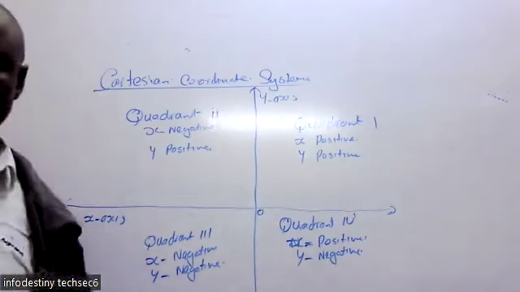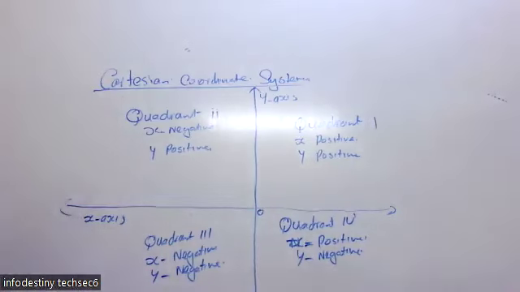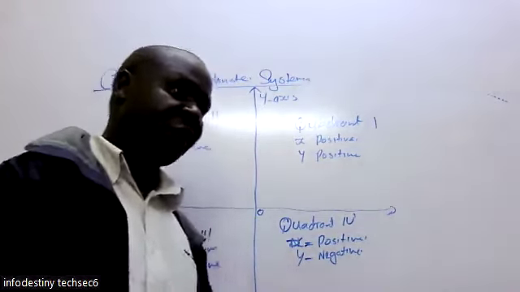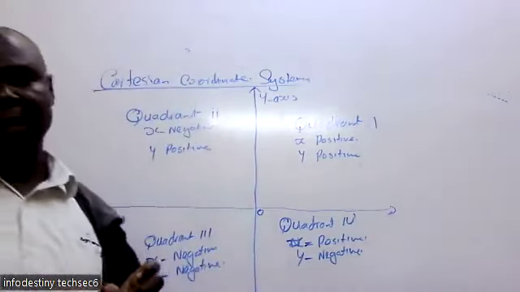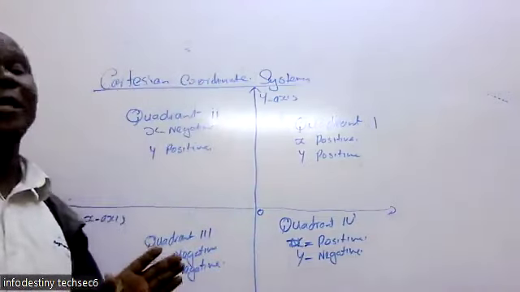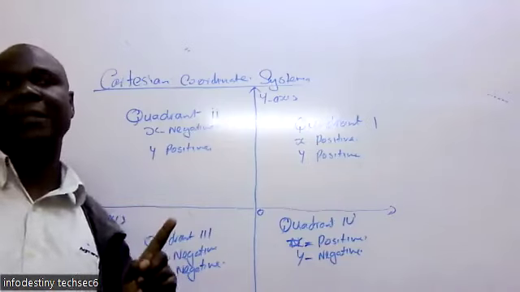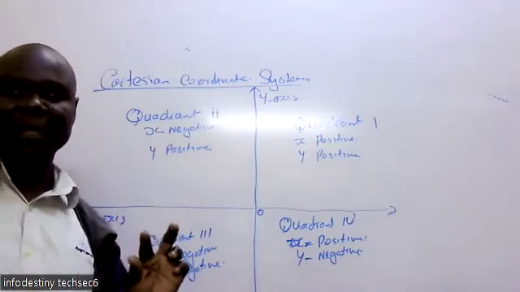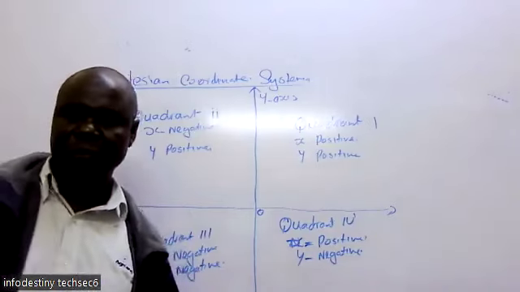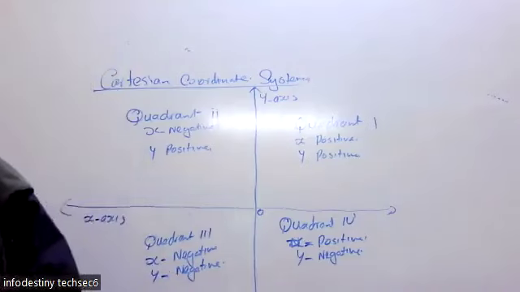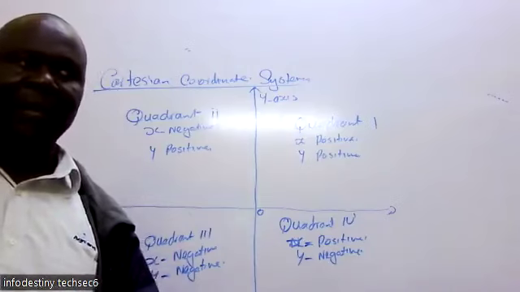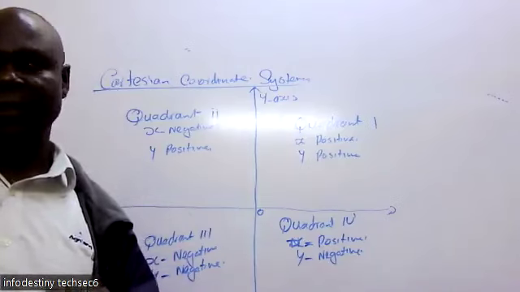These pairs of coordinates are shown in brackets. It means that you are going to show those points using a bracket; it must be enclosed with a bracket. The X coordinate is always shown first in the bracket.